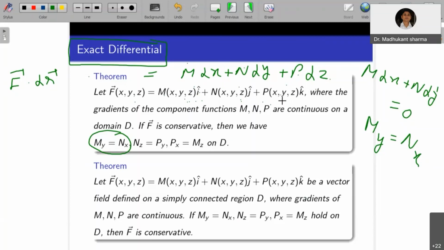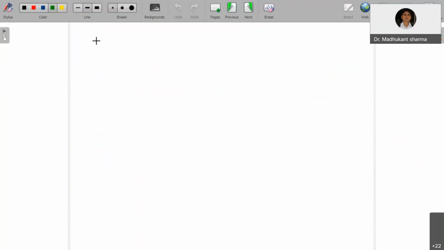If the gradients of these scalar valued functions are continuous on a domain D, and if F is conservative, then we have the following. It is very easy to establish this. I'm just giving you the rough flow.